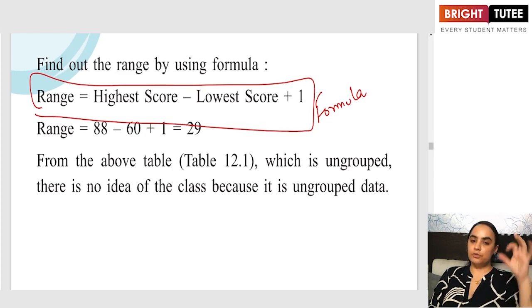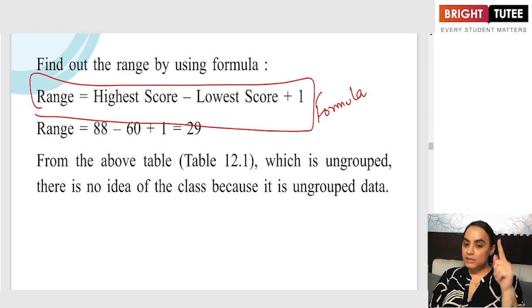To make it simple, there was an asterisk given alongside the highest score. But other than that also, finding out the highest number and the lowest number is not very difficult. So, highest score minus the lowest score plus 1.